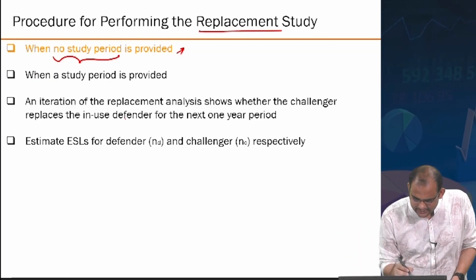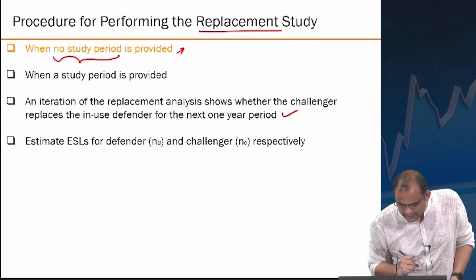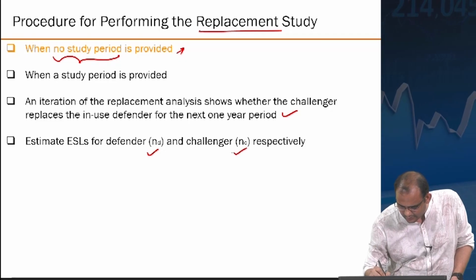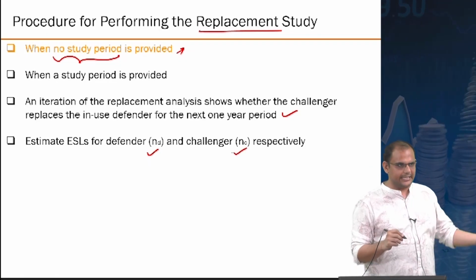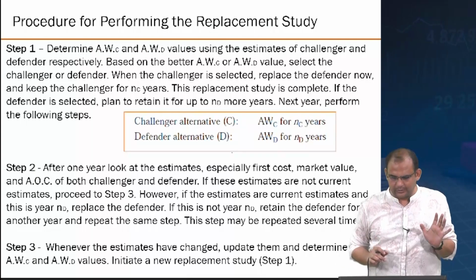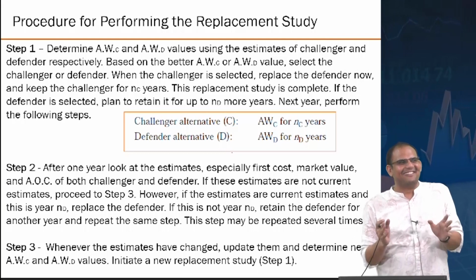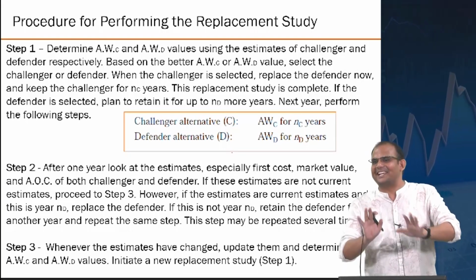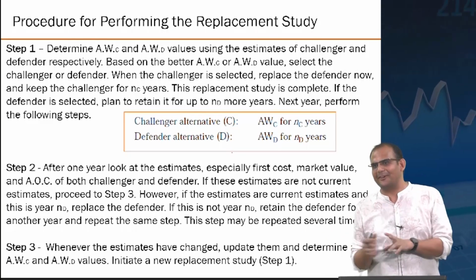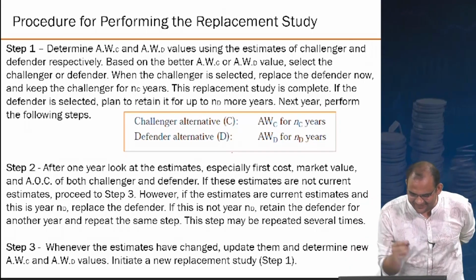But the idea is you need to, yearly on yearly, do the calculation for the defender's ESL and the challenger's ESL respectively. How do we do this? This English is what you do, which is essentially very simple, but let me first explain to you and then it will all make sense. Okay, read the English with me. Alright, here's step 1.